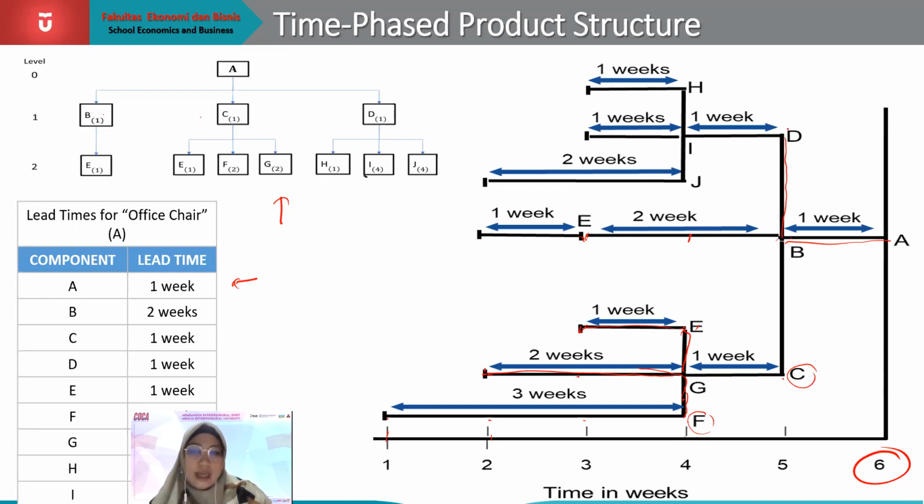And when you know that D needs 1 week, you go back to here in week 4, and then because we cannot make component D without components H, I, J, you need to draw H, I, J. You can start with HIJ or IJH or JIH, it's up to you, as long as these components are in the same level or in the same week. So for this, we draw backward like this. So then after this, finish.